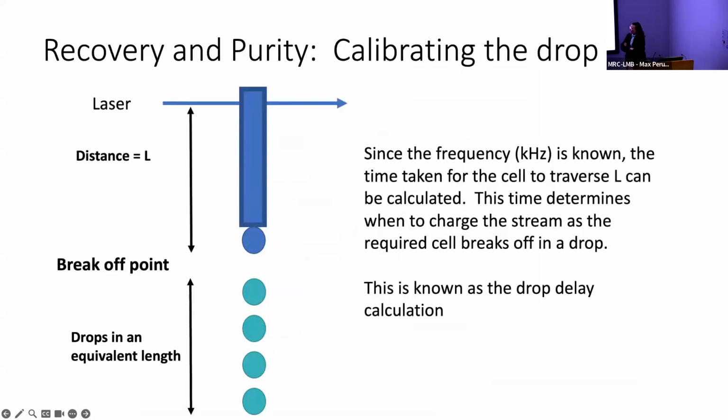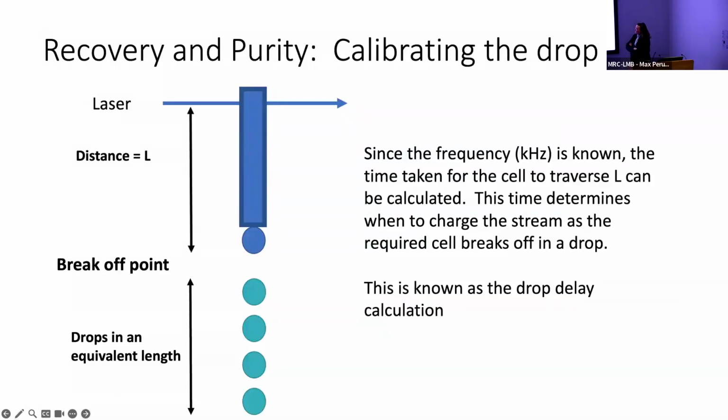So one of the main components of a sorter in terms of its calibration is what's called the drop delay. And this is really essential to make sure that we have a purified population of interest. In other words, as the cell is being interrogated by the laser, the cell of interest that we really want will be correctly chosen and sorted downstream.